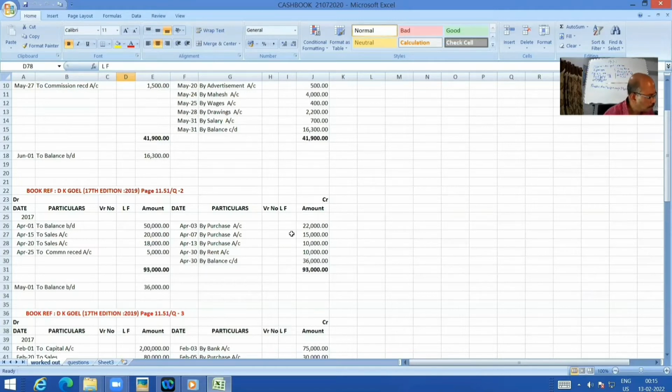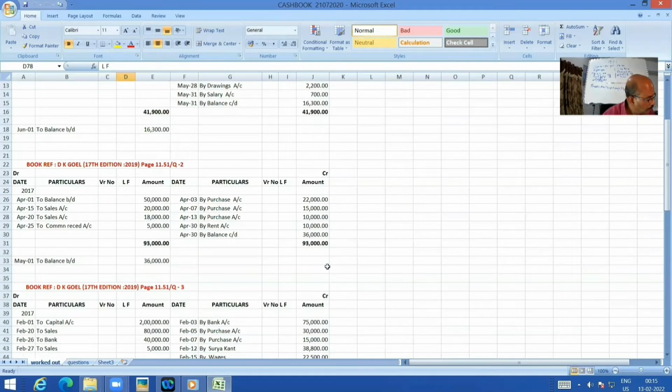Fine. Purchased goods from Gobi. Categorically, it has been told from Mr. Gobi. A credit transaction, it doesn't get qualified here, right? Purchased goods from Gobi for cash. Of course, very specific: cash. Absolutely comes to the cash book. So, what will be the entry? By purchase. How much amount? 10,000.